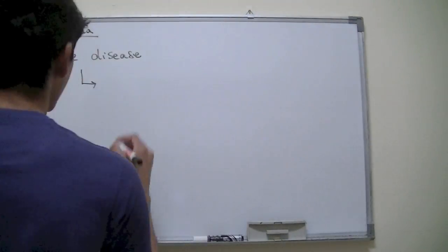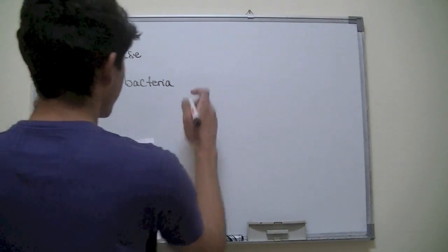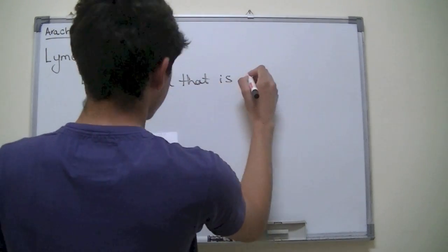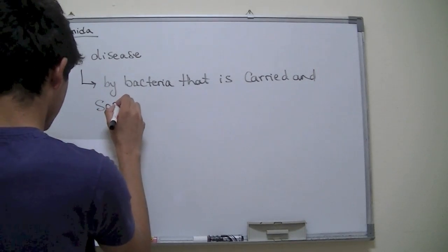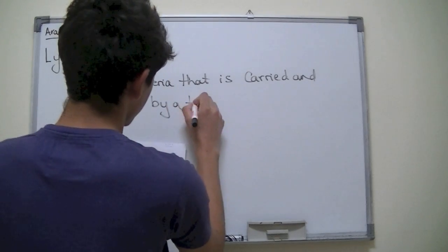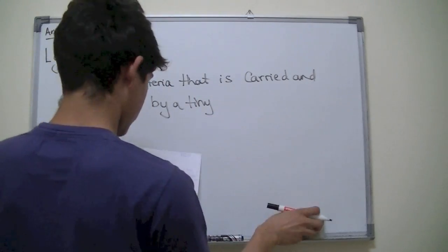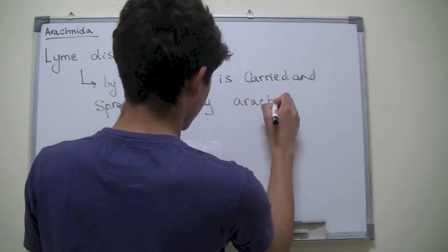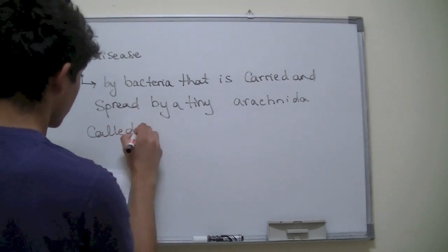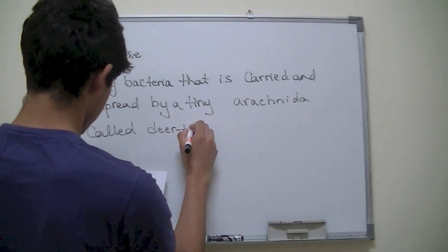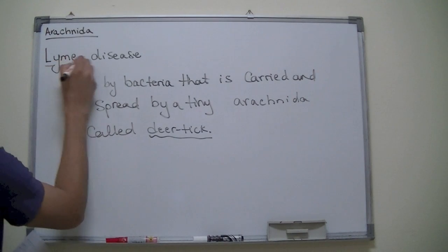Well, it is basically caused by bacteria that is carried and spread by a tiny arachnid called the deer tick. Okay, so this is how Lyme disease can actually occur.